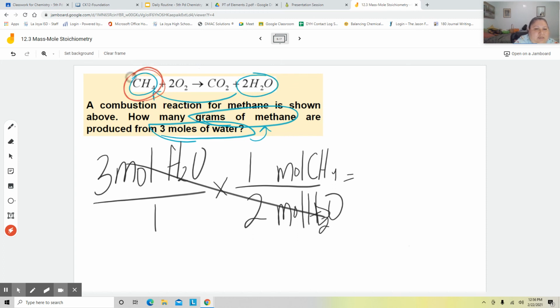Here's my 1 mole of methane. That's where she got it from. So remember, always multiply across and then divide down. So 3 times 1, 3 divided by 2. That's easy math. But I'll bust out my calculator just in case. Did everybody get that? 1.5? Is that what you got, Miss Diamond? 3 divided by 2 is equal to 1.5?